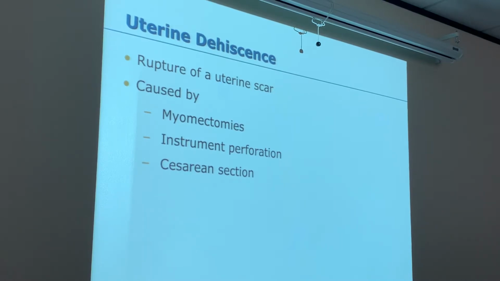A C-section is important for us in OB because if the placenta implants over the scar, then those placental cells can migrate up the scar into the myometrium, out of the myometrium, out of the serosa, and into my abdominal cavity.